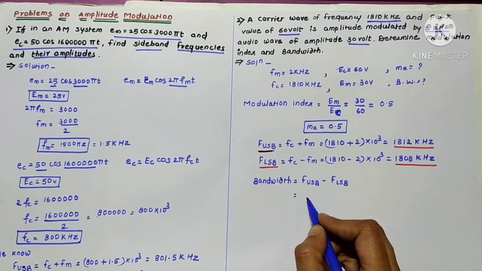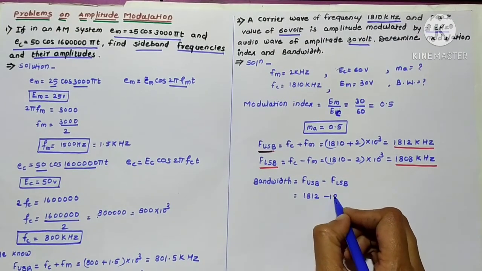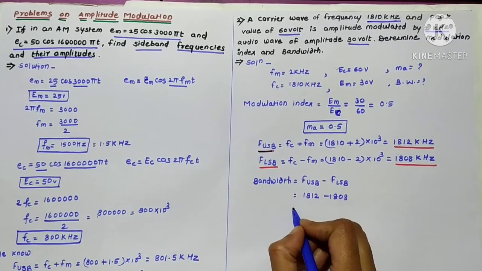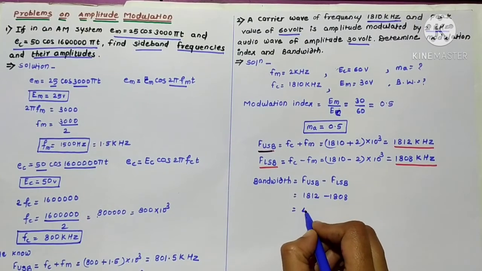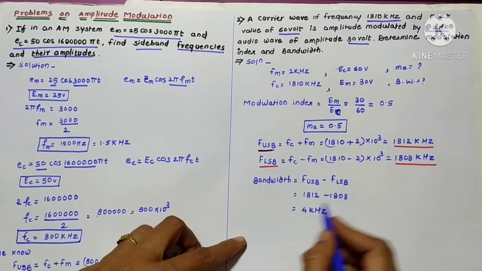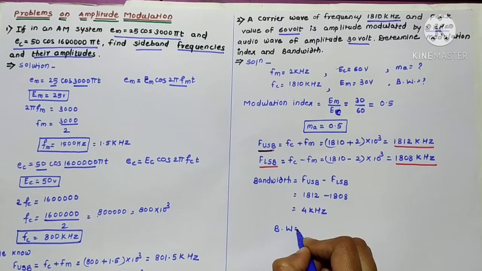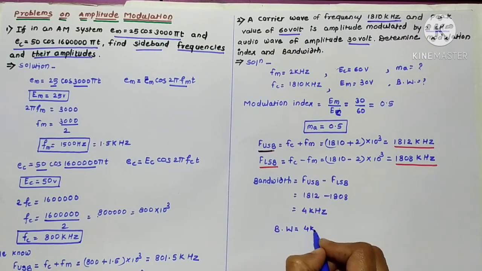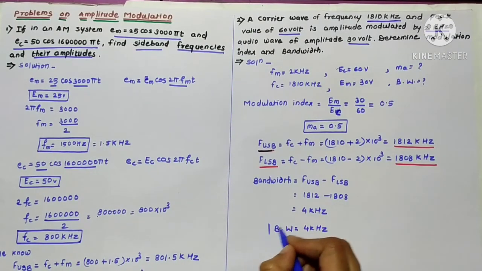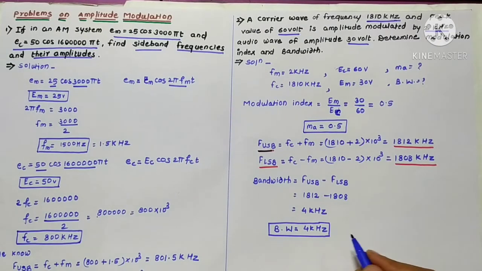So we'll write here 1812 minus 1808. Therefore we'll get 4 kilohertz. So this is the bandwidth of the given signal. So bandwidth is equal to 4 kilohertz, and this is the final answer. In this way you can solve different types of problems.